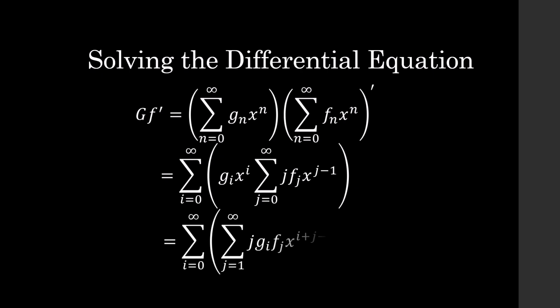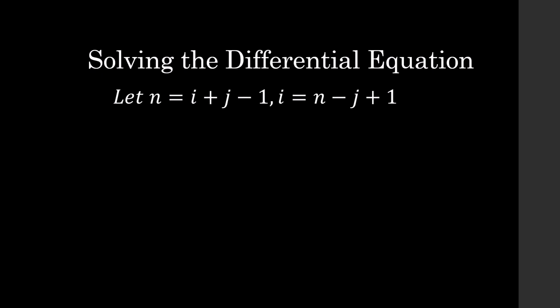Then we can similarly bring the g_i x^i inside the j sum, as once again it is completely independent. It is just a constant. So that allows us to write the product of the sums in terms of the nested sum in this form. Now we once again rewrite j to start at 1, as j at 0 is irrelevant. Multiplying by 0, adding 0 is not going to do anything.